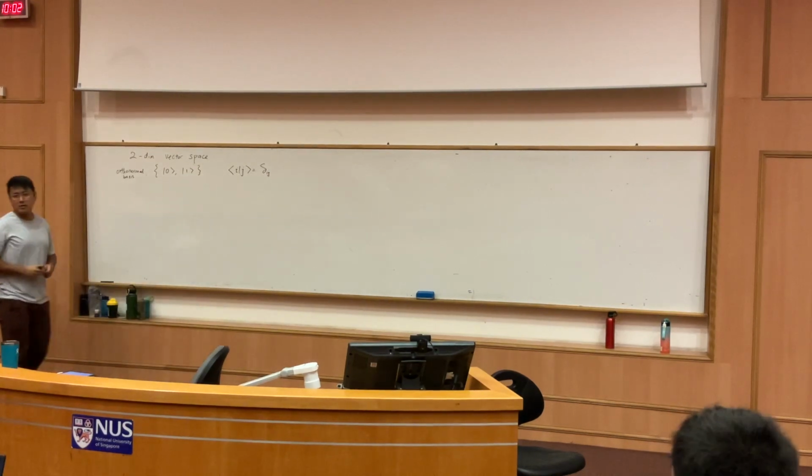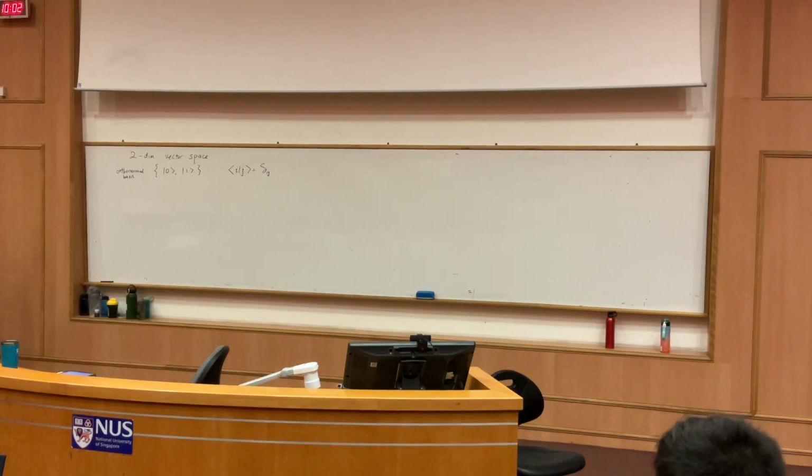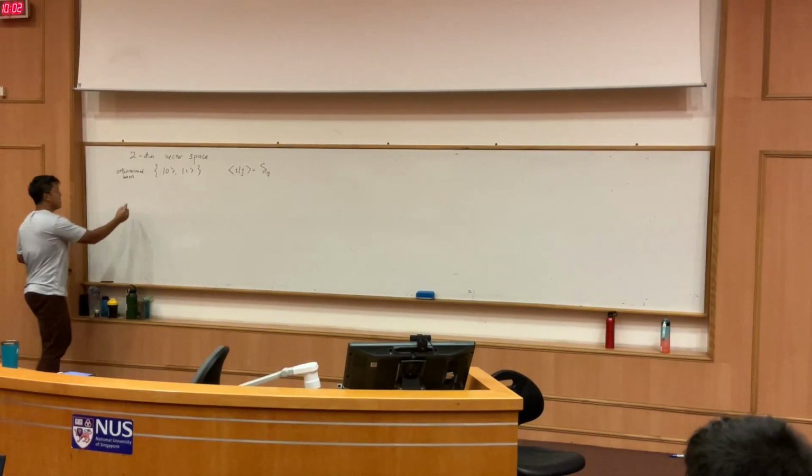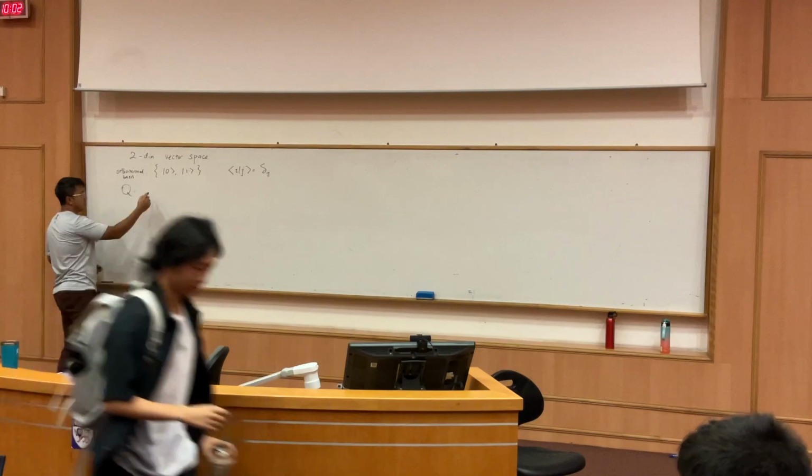Okay, everyone knows that. Great. So it's a basis because the two vectors are orthogonal. So one cannot be represented by the other one. The space is two-dimensional, so there are two of them. They can span everything.